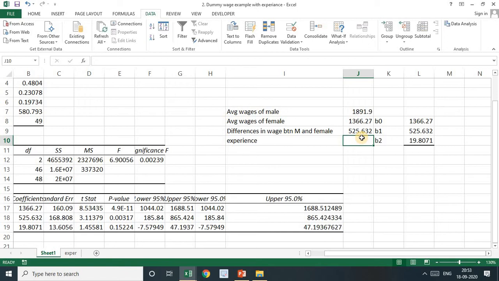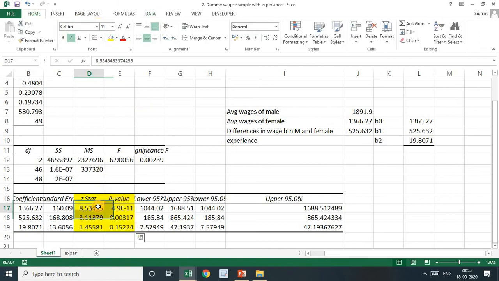Now we can check whether these variables are significant or not. For that, we have to look at the t-stat.